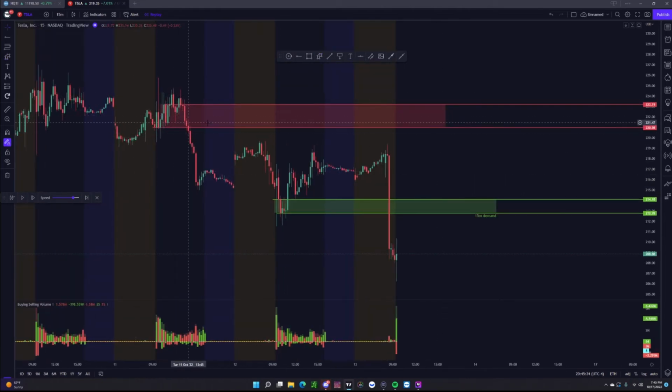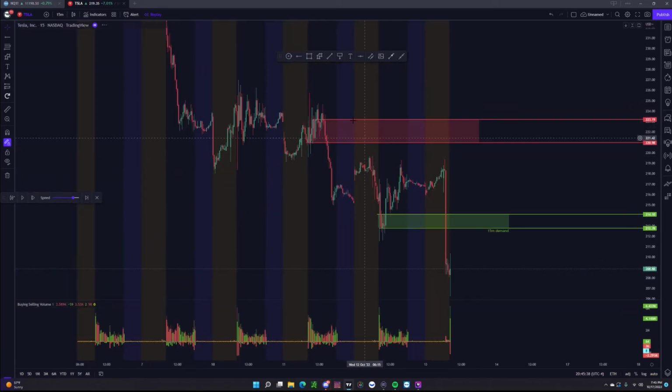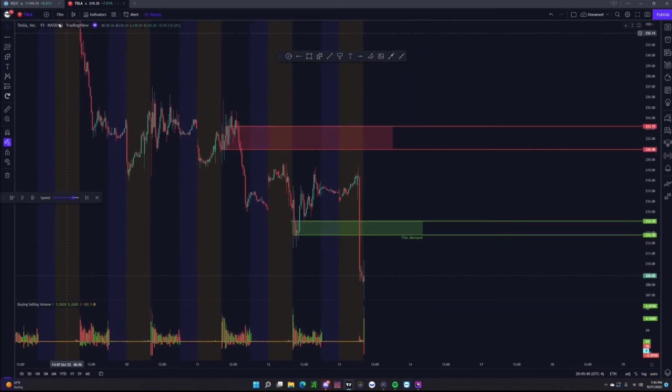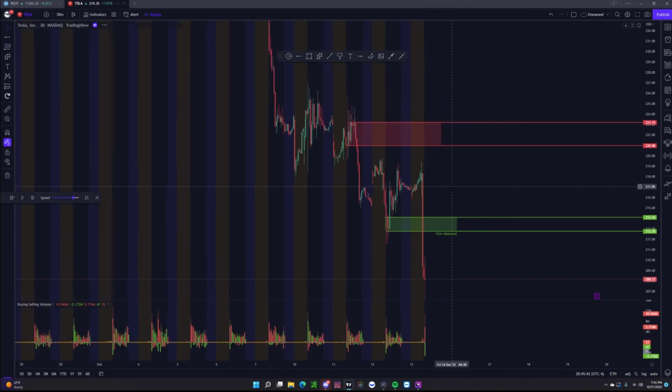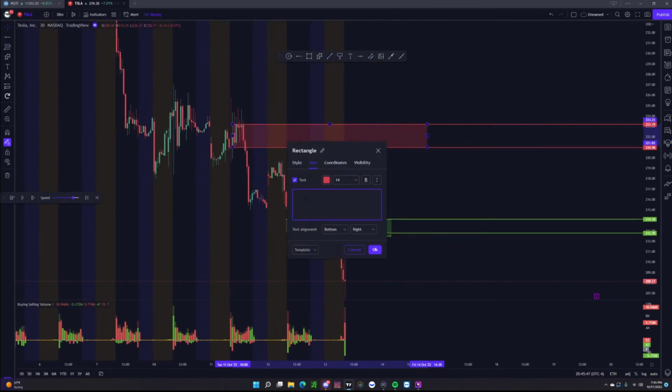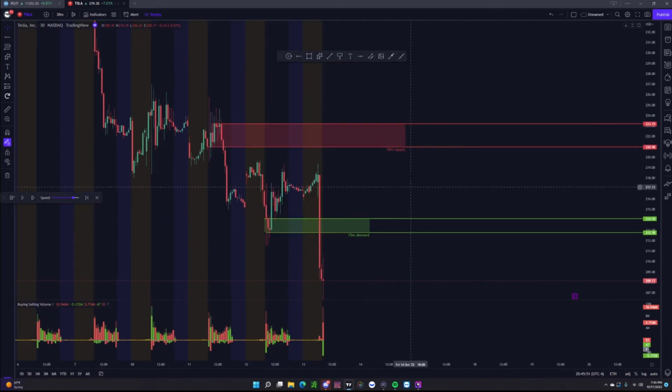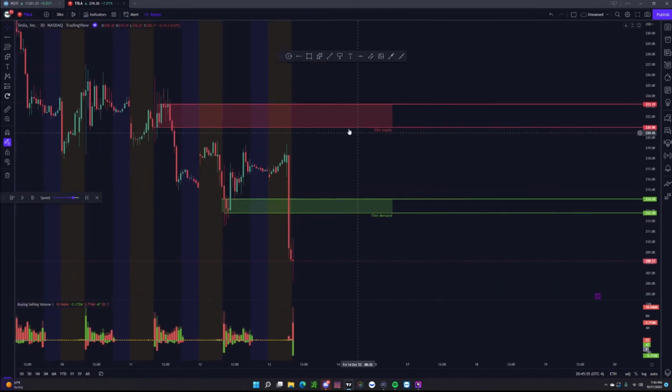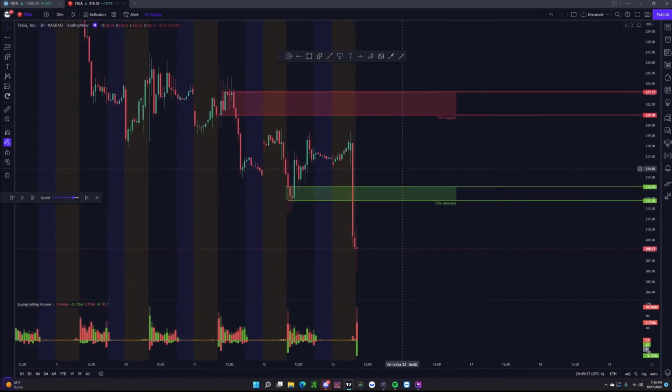And then this is a supply zone which we haven't hit yet. So I'm going to keep this up here. We ultimately drew this on the 30-minute, right? We drew this on the 30, so let's go ahead and label this. This will be our 30-minute supply. We got a 30-minute supply and a 15-minute demand. Those are the time frames on which we could find those, because I'm on the 30-minute now.